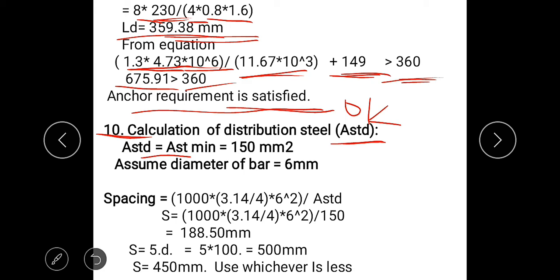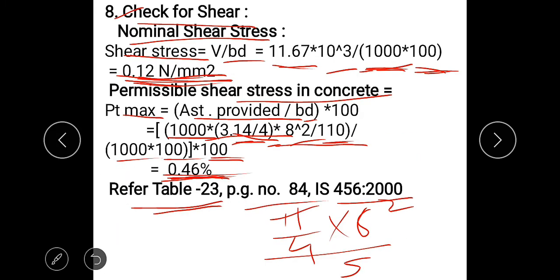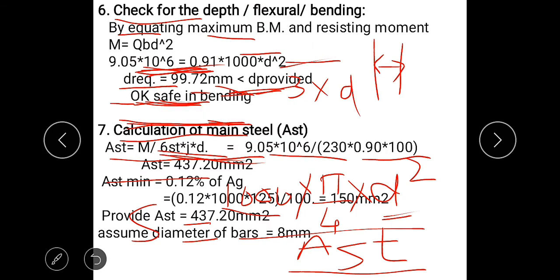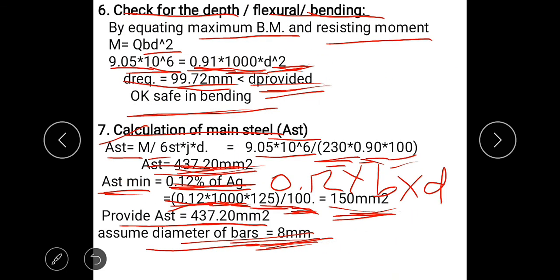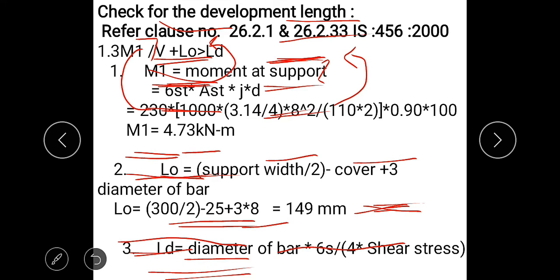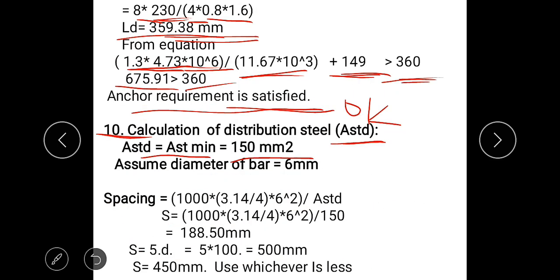So AST minimum is 150 mm square. Here we calculate AST minimum. Assume diameter of bar.